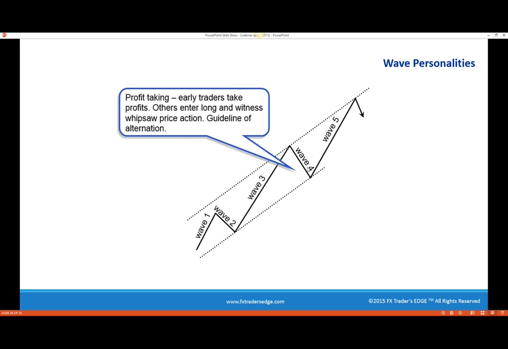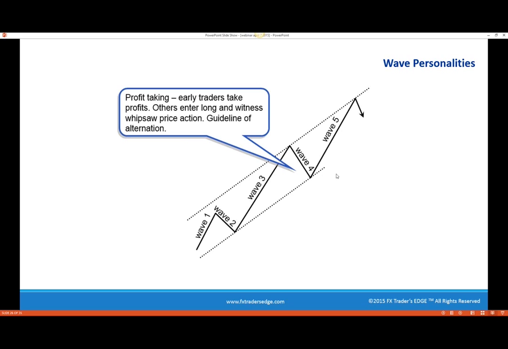You want to use your support and resistance, your pivot points, especially if you're day trading, but not even so. I like using pivot points daily, weekly, and monthly to see where buyers and sellers might come in.